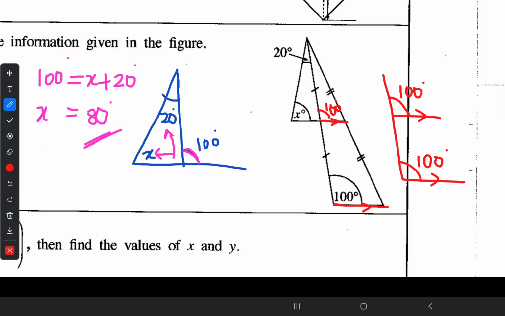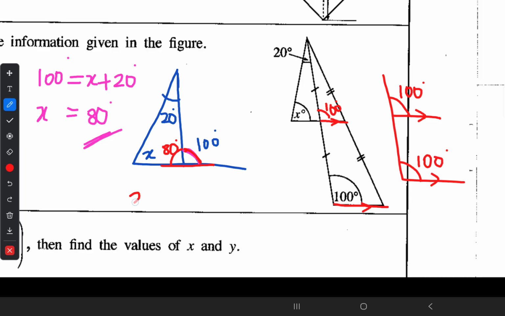If not, another method is also the same as this one. In a straight line, the sum of adjacent angles equals 180. Already this angle was 100, so this angle would be 80. Thereafter you can use the sum of interior angles inside the triangle is 180.